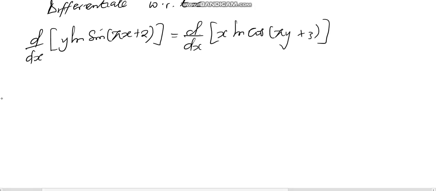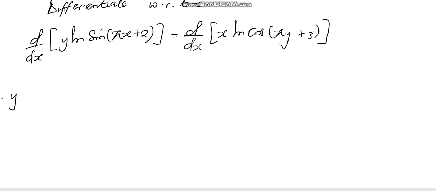So now here, you notice that y is a function and ln(sin(πx + 2)) is another function. So we have two functions that are being multiplied by each other, meaning that we're going to apply the product rule. We keep the first function y, then we differentiate the next function.